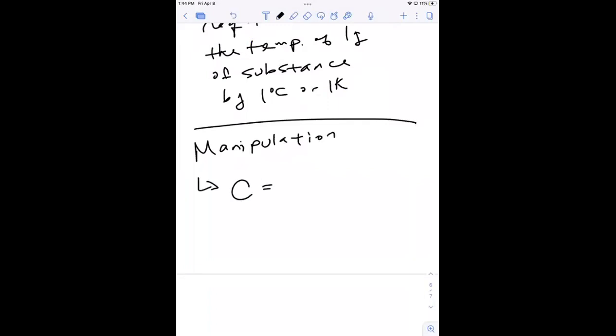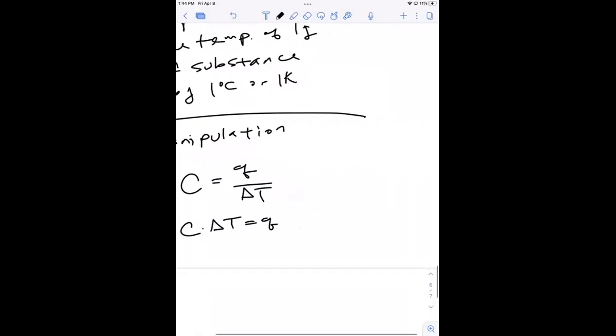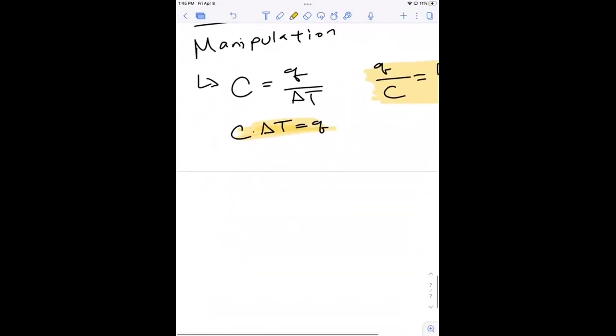If big C is Q over delta T, then if we have any 2 of those terms, we can solve for the 3rd one. We know that we can say C times delta T is Q, or we can say Q over C is delta T. That goes for any equation. If you know all of the variables except 1, you can solve for that 1. Same thing with specific heat.